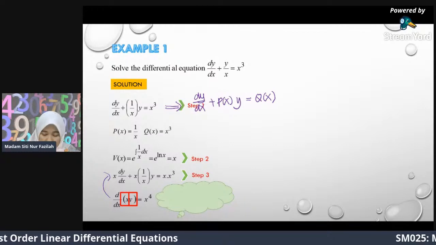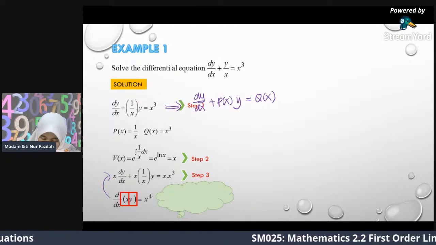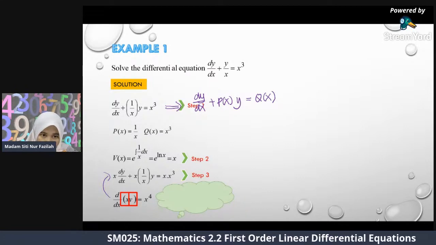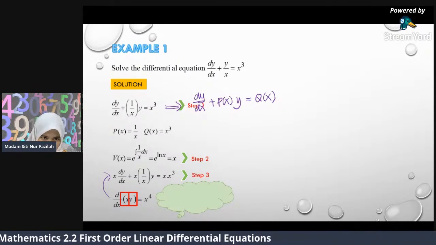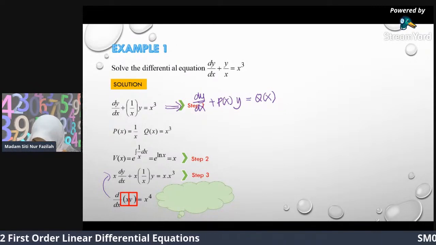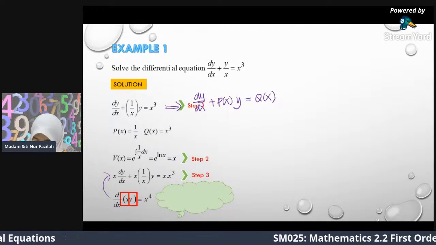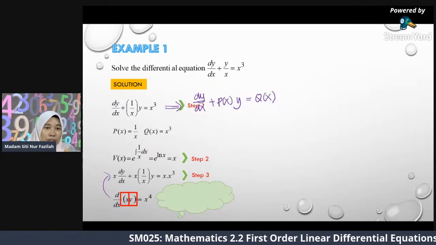We might use the product rule. Differentiating d over dx of xy using the product rule, we get x dy over dx plus x multiplied by 1 over xy equal to x, multiplied with y.